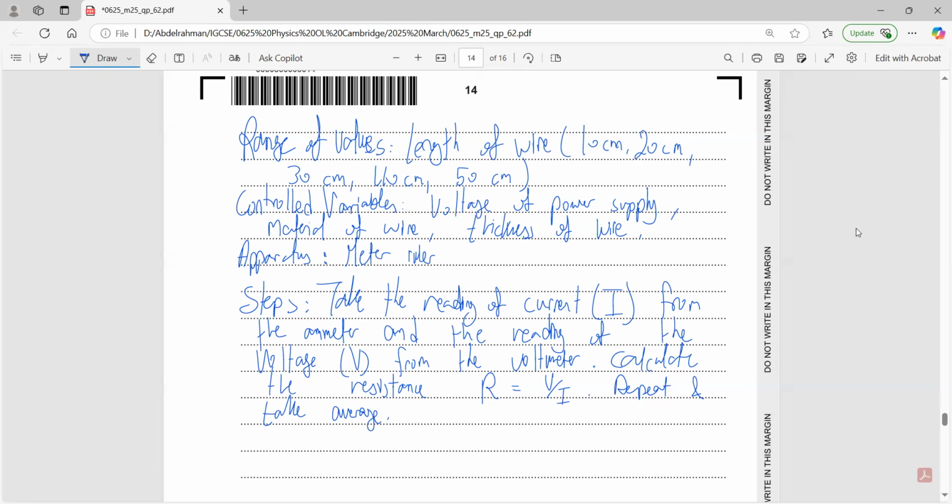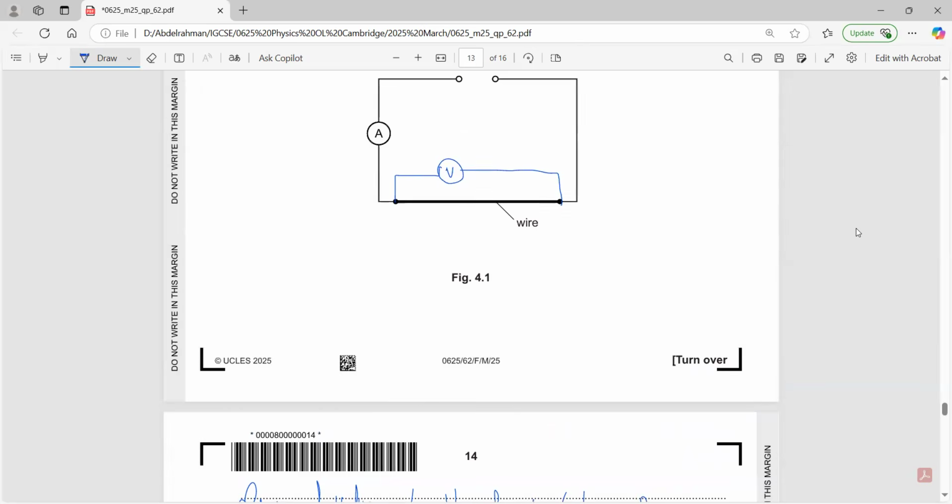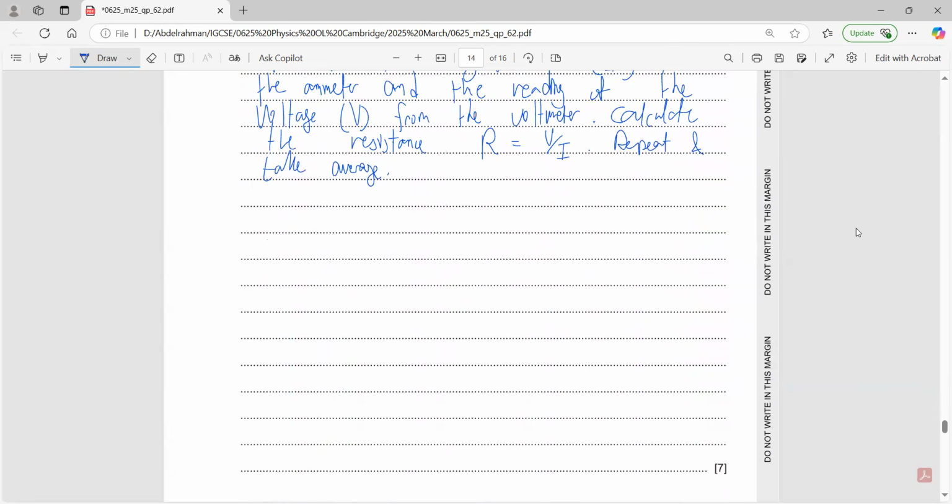These are the steps. Can I draw a table? Yes, I can draw the table. I don't need a very long or huge table. A very small table would be sufficient. What are the readings that we're taking? We have several readings in this experiment. First of all, the independent variable. What was the independent variable? It is the length in centimeters.